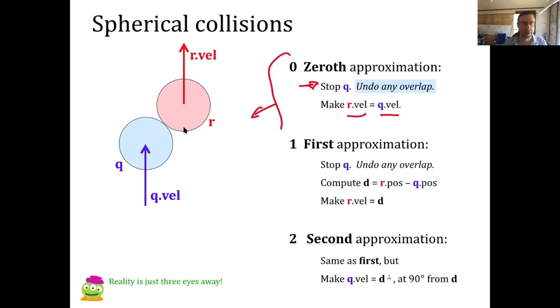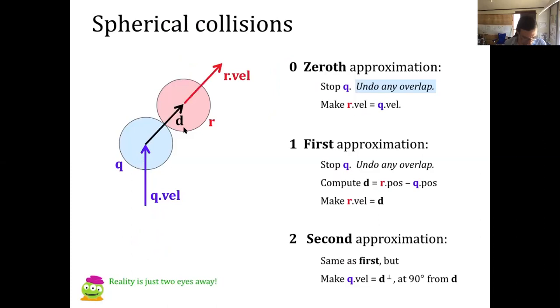So just trade velocities. What that'll look like is you have this blue ball, and it's moving forward, moving forward, moving forward. It hits the red ball, it just stops in its tracks, and then the red ball moves off and now is over here. That's not a very realistic looking collision, but it's our first step.